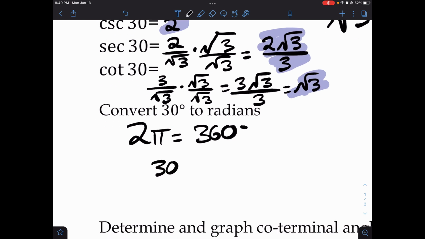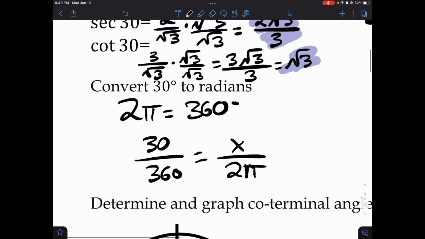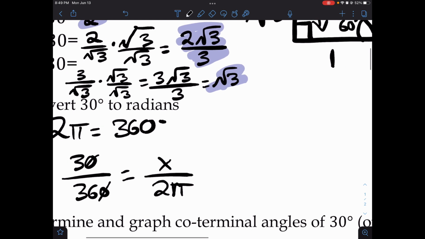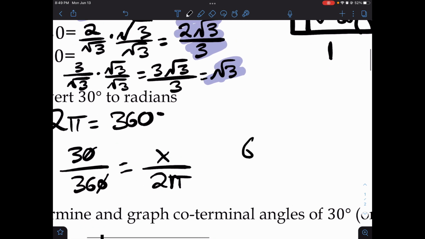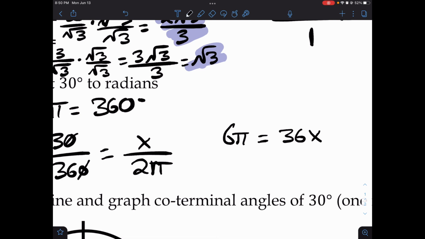So 30 over 360 is equal to x over 2 pi, meaning we can simplify, take off the zeros right here, and we can then cross multiply, making 6 pi is equal to 36x. Then we divide both sides by 36, meaning we get pi over 6.